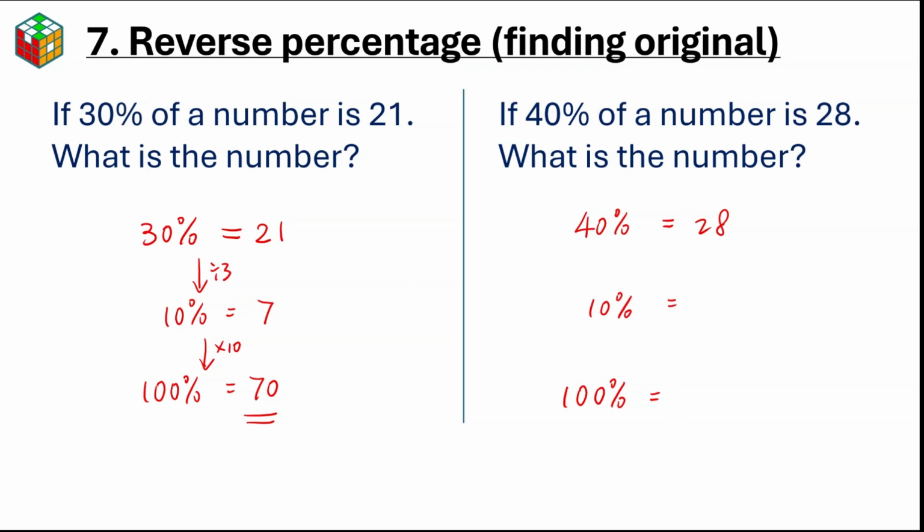To make 40 into 10%, I divide it by 4 first, and then I'll times it by 10. 28 divided by 4 is 7. 7 times 10 is 70. You can always use a reverse method. So 70 times 0.3 is 21. Check on the left-hand side: 70 times 0.4. Check on the right-hand side is 28.